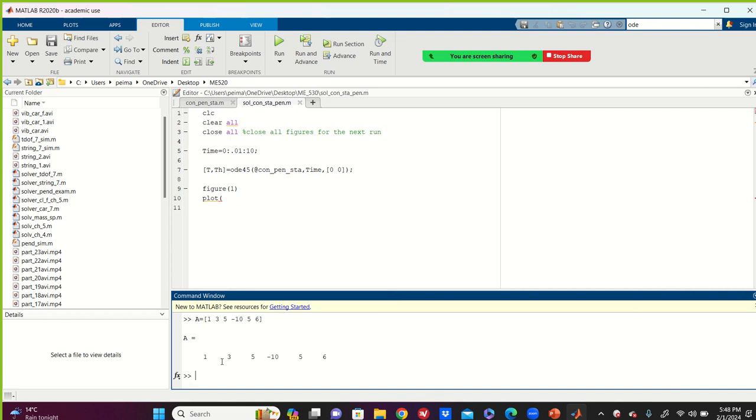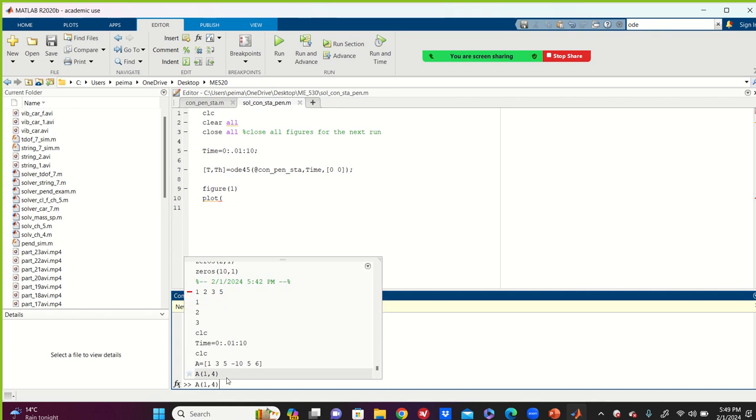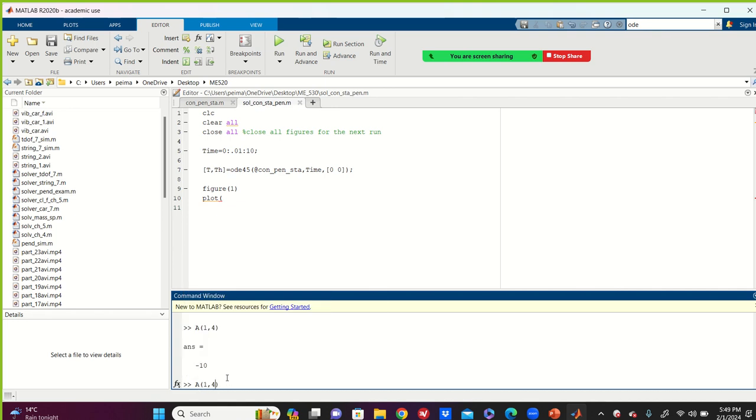This is just a vector, not a matrix. Now if I say give me the first row and the fourth column element, it's going to give you minus 10. If I say give me the third element, it's going to be 5.